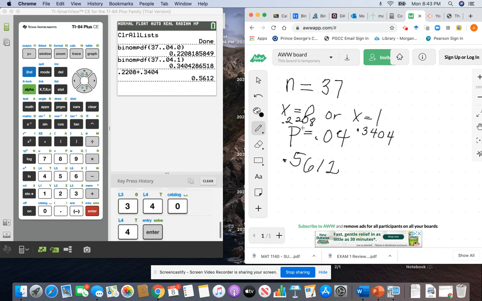Because again, I'm going to accept this shipment if and only if when I test this sample, none or one of them is defective. And the probability that none or one is defective is 56.12%.